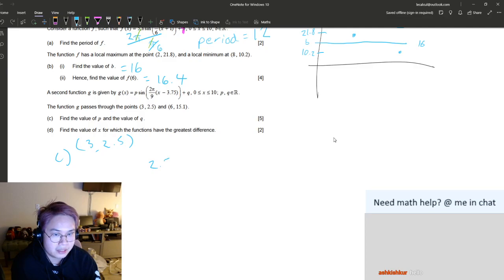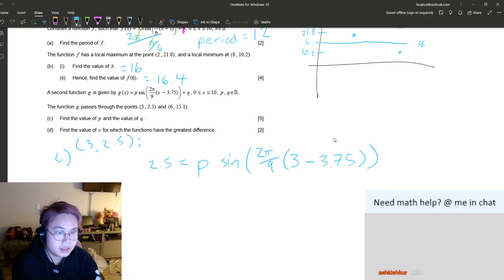So 2.5 is going to equal p times sine 2 pi over 9. And then my x value is now 3. So 3 minus 3.75 plus q.